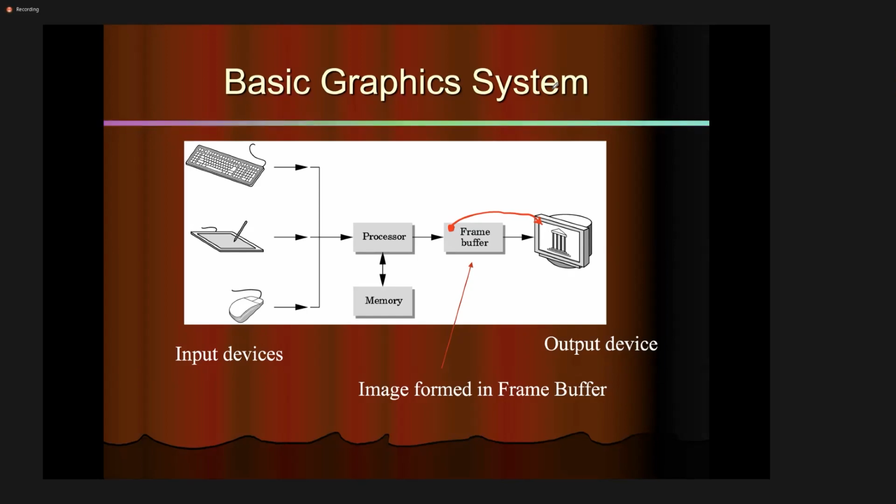So the frame buffer changes its data very quickly. When the frame buffer changes its data, that means you have already passed that particular frame to the screen.